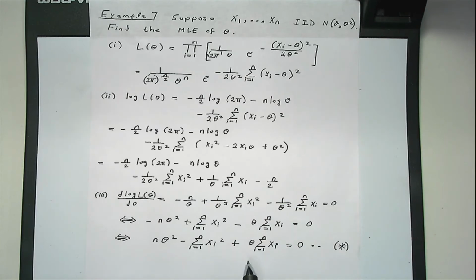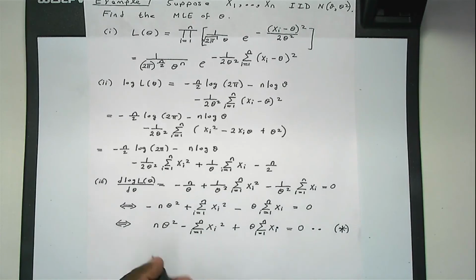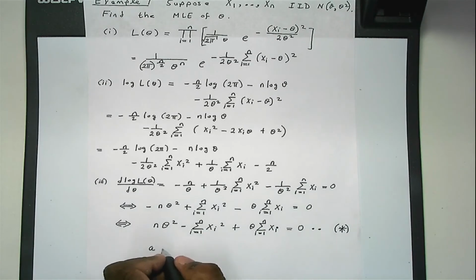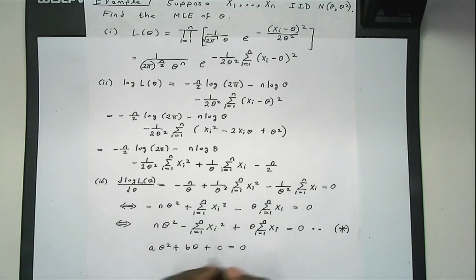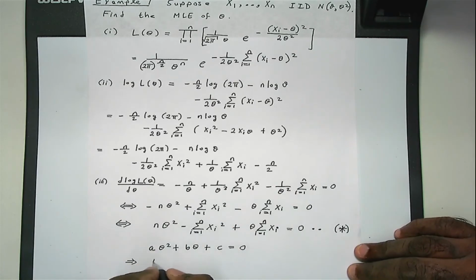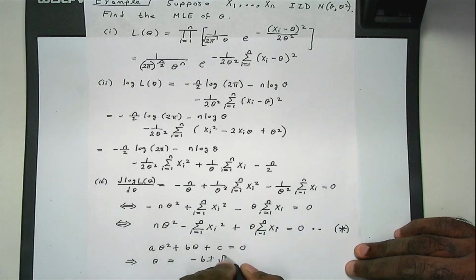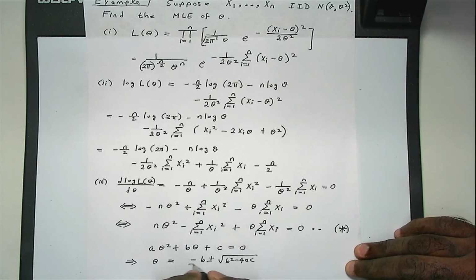Now to solve it, what we need to do is solve this equation for theta. You see immediately that what you have is a quadratic equation in theta. You may recall the formula: if a theta squared plus b theta plus c equals 0, then the solution for theta is minus b plus or minus the square root of b squared minus 4ac, divided by 2a.